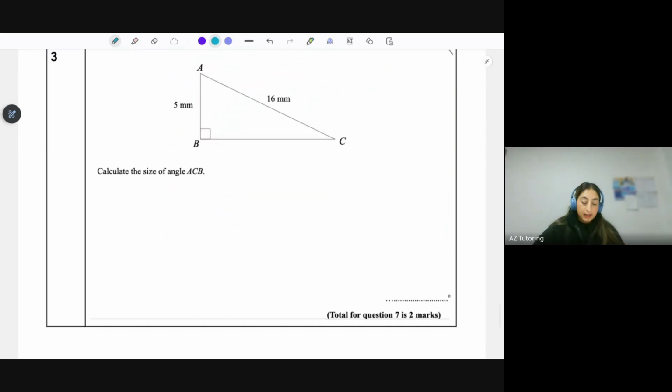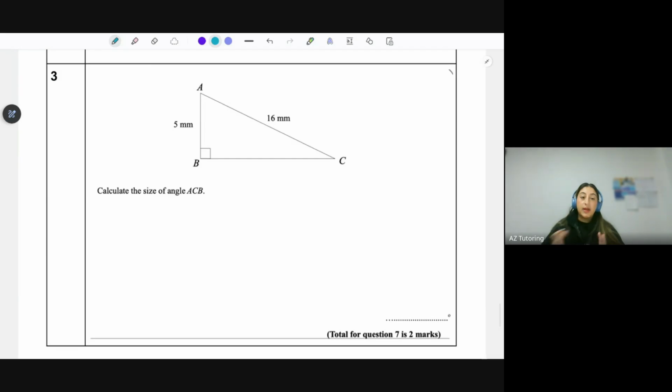Finding an angle is a bit trickier. This is where the inverse trig function comes in. It's the same method, just there's an extra step at the end. So this question here: calculate the size of angle ACB. Just by looking at this, you might think, okay, I'm using Pythagoras because two lengths are given to us, but it's actually asking you to find the angle.